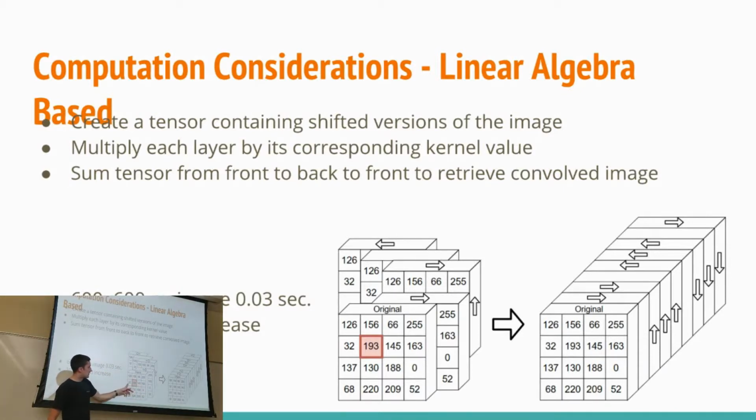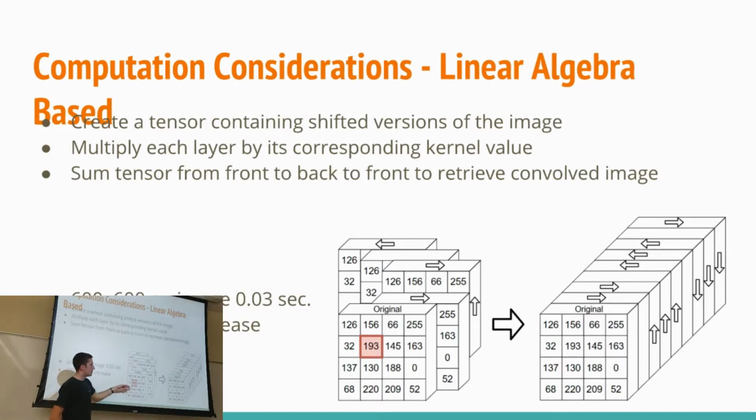You can imagine that this 32 would line up right behind the 193. We do that for everything around it until we have one n by m by 3-dimensional tensor, in which every pixel has all of its neighbors lined up behind it.